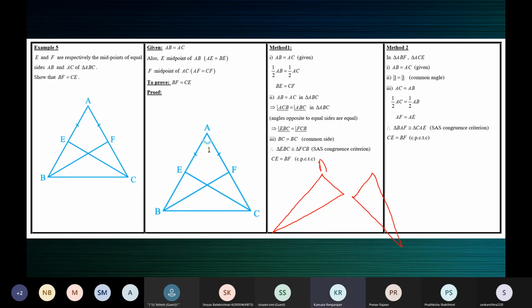This is A, B, F. This is ABF. And this is A, E, C.